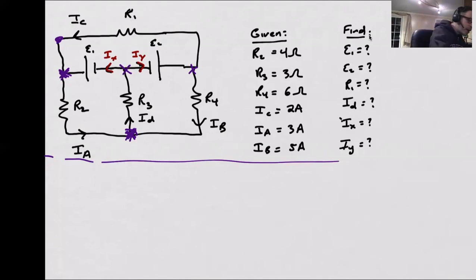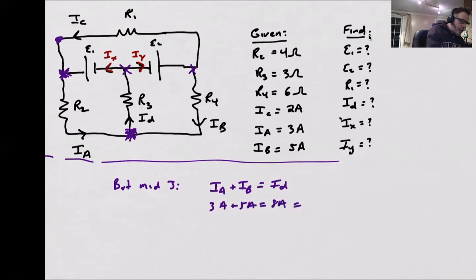So right away, we can exploit at the bottom middle junction the fact that IA goes in, IB goes in, and what comes out is ID, which means right away we have 3 amps plus 5 amps has got to be 8 amps. So ID is something that we actually now know. It's 8 amps.